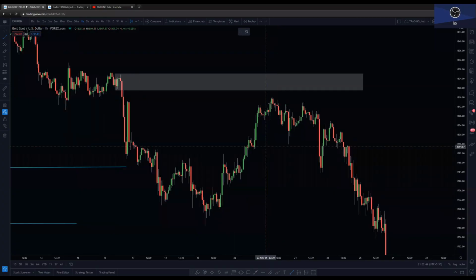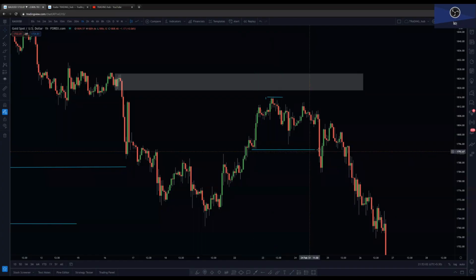In this case, you can see this one is a swing high, and the swing low is here. Market swing high is here and swing low is here.